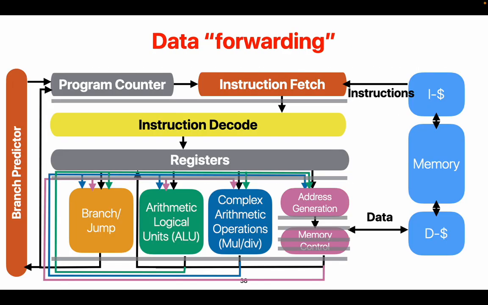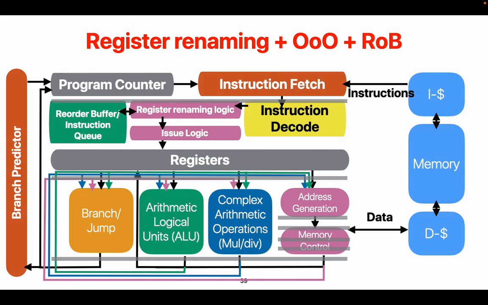So this is the original diagram, but after the described logic, this is the modified pipeline. We would have a renaming logic, we have an issue logic, and at the end, we also need to use the reorder buffer to make sure that this instruction is ready to be committed.